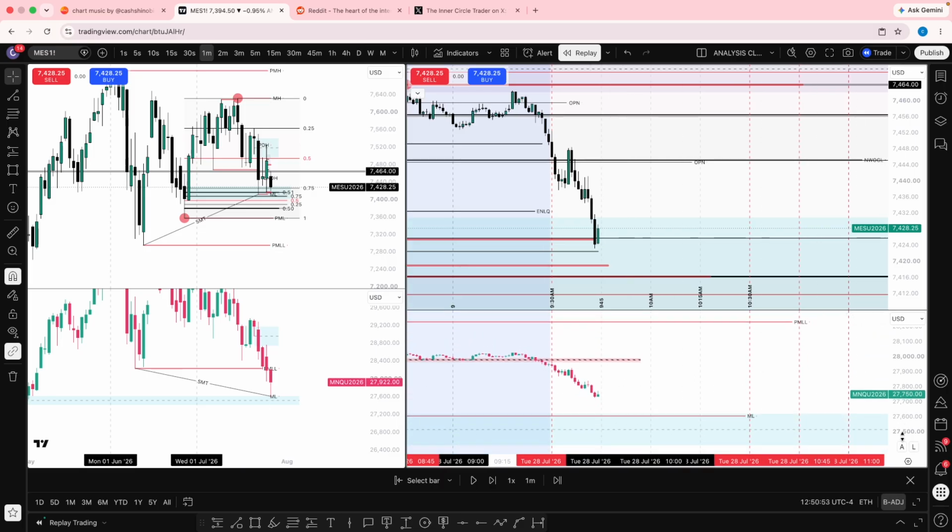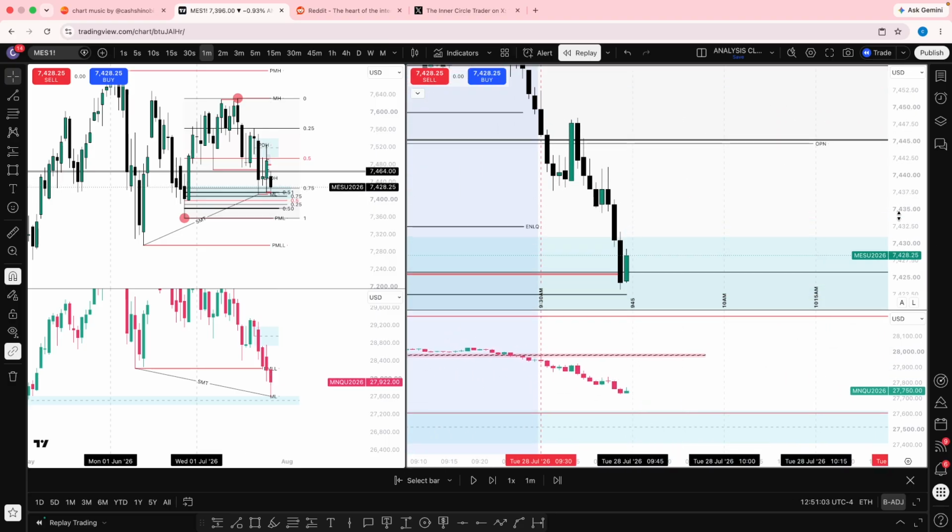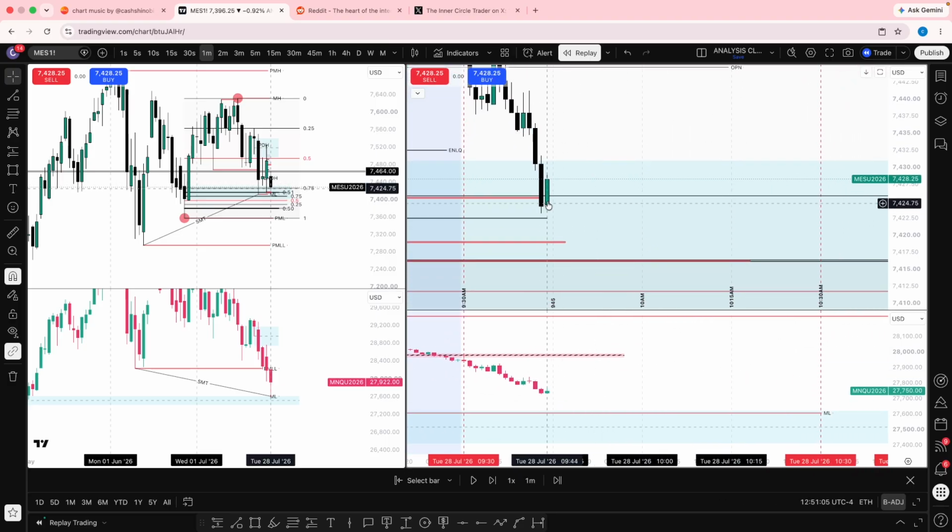We already ran the previous month's low. See the previous month's low up here for NQ? This is that right here. So now we're going to study what price does at 9:45. So play price, open, low, good, and a high.